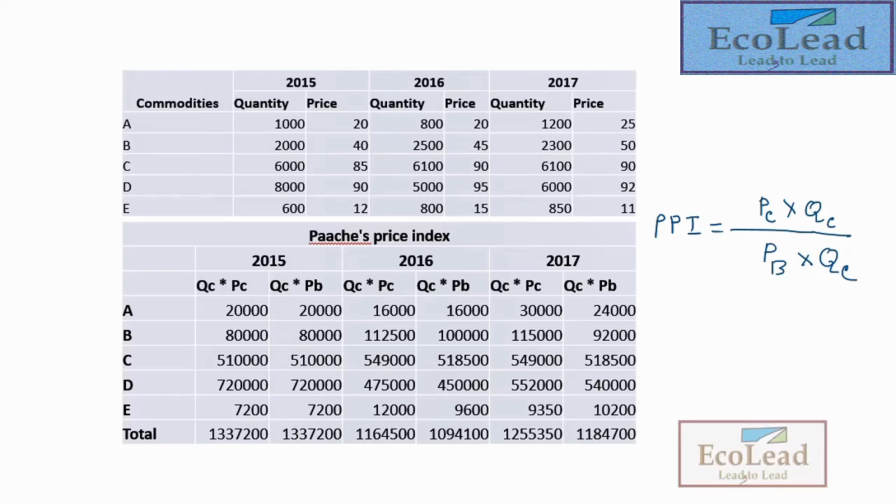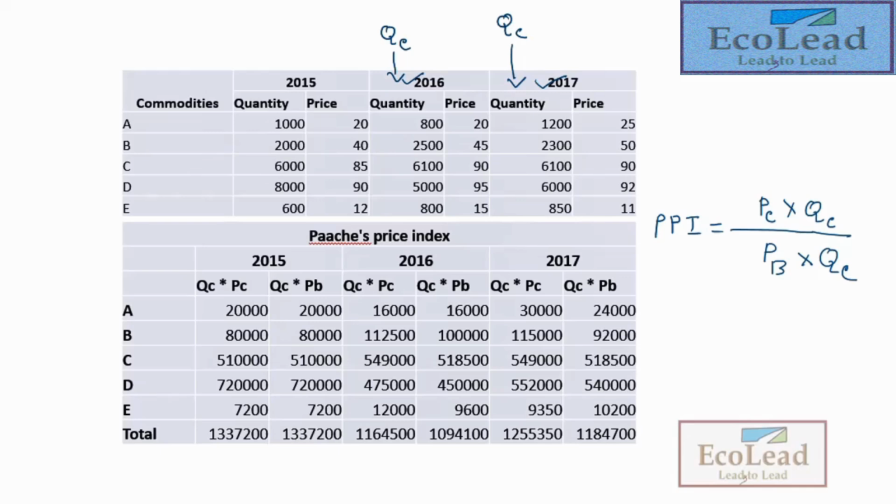If we are calculating the purchase price index for 2016, we will always consider the quantity of 2016 as the current year's quantity. If we are calculating it for 2017, then we will consider 2017's quantities as the current year quantity.